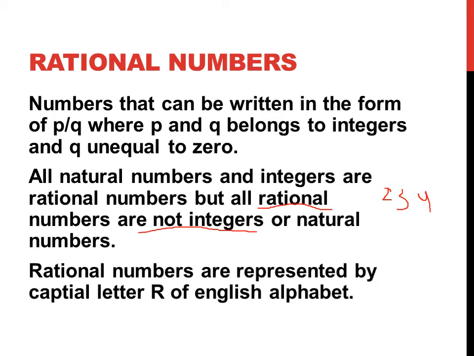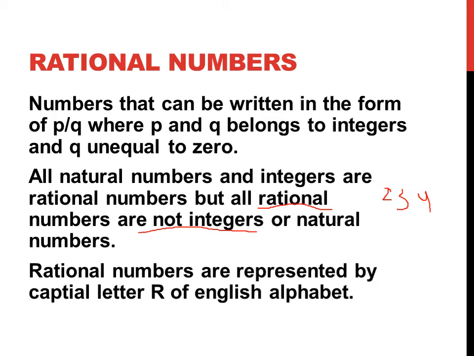We all have studied the concept of the rational number in our previous classes too. So it is obvious that you all are familiar with the rational numbers. But still, for the sake of the convenience and for the sake of the revision, I am going to explain it again. Okay?